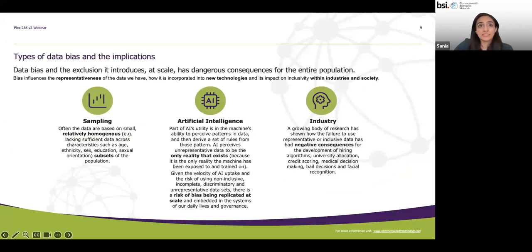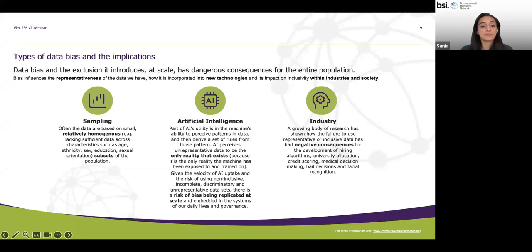So building on this, data bias and the exclusion it introduces at scale does have dangerous consequences for the entire population. We must be mindful of how these biases influence the representativeness of data, how it's incorporated into new technologies, and its consequent impact on industries and society.